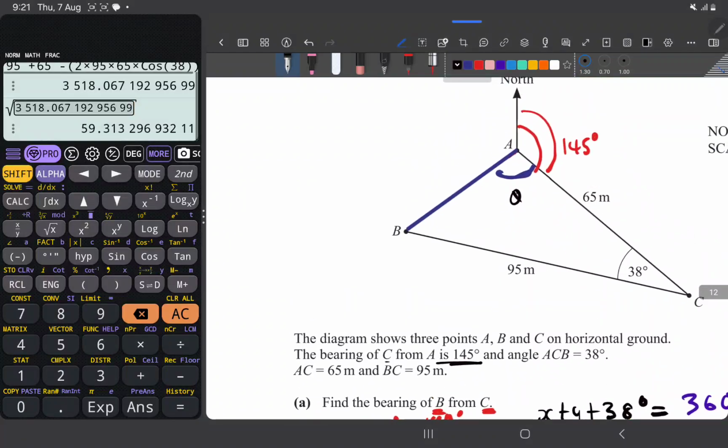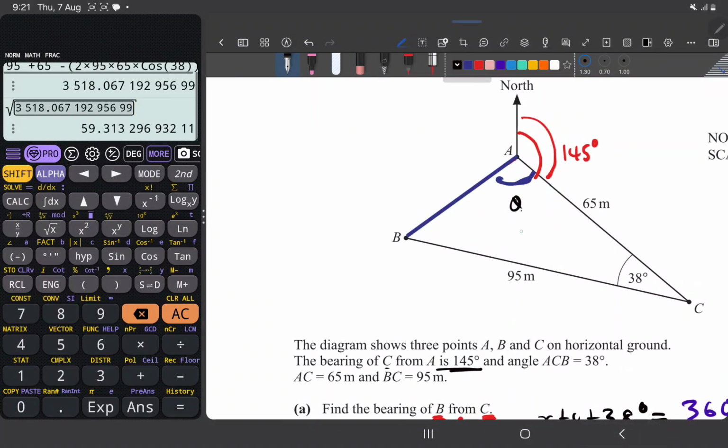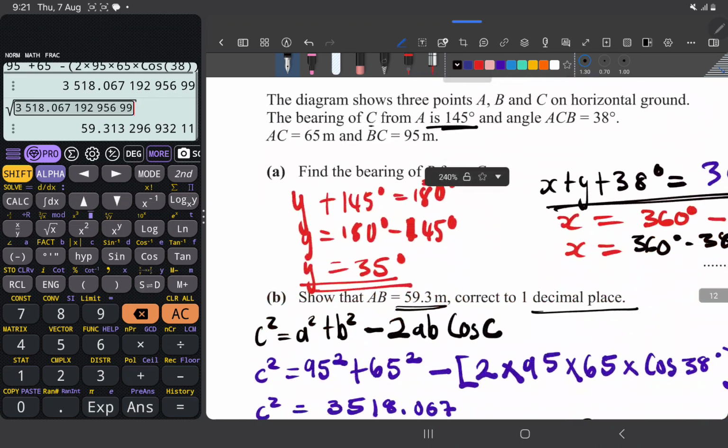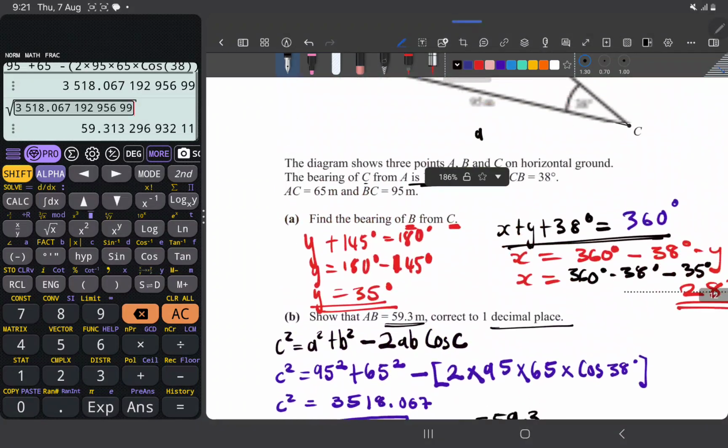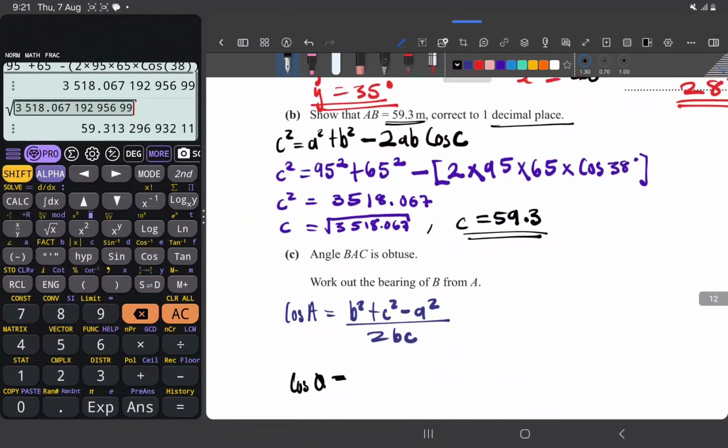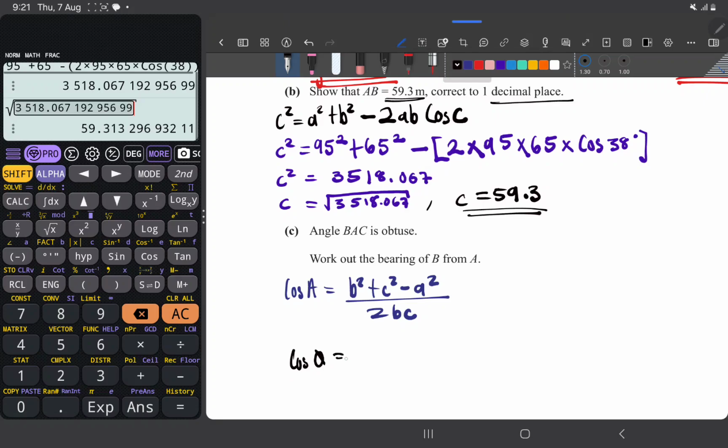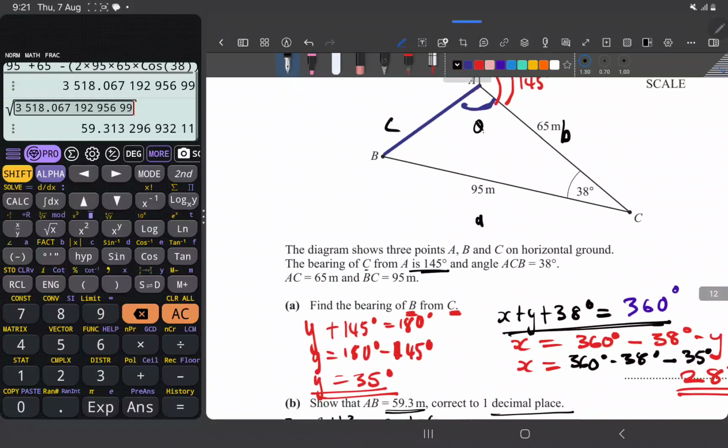What is my small b? Remember, small b is the side opposite B. Opposite A is small a, opposite B you get small b, and opposite C you get small c. So it is b squared plus c squared. What is b? 65. So cos theta is equal to 65 squared plus, what is my small c?